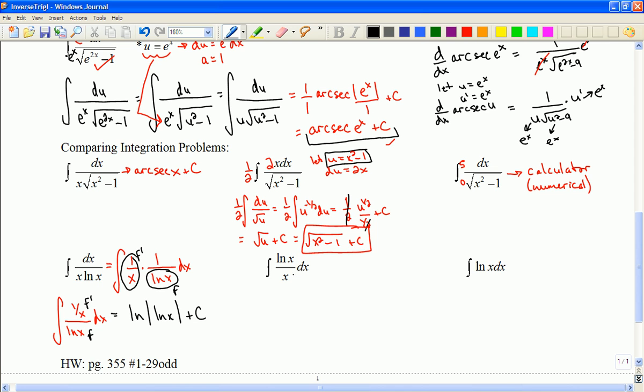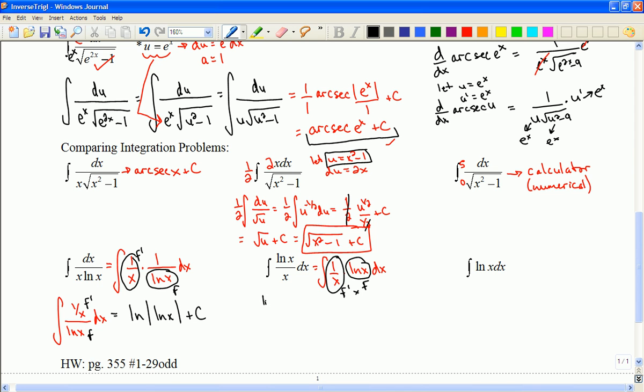So for this next one here, again, before we think too hard, we should split it up and decide what we can do. And again, I see that there's a relationship here between that function and that function. That's the function, that's the derivative. So that tells me that I probably have a technique that I'm going to be able to use. Which one is it? Well, the two functions are multiplied in this case. They're not divided, so it's not going to be a natural log derivative. It's probably going to end up being a substitution.